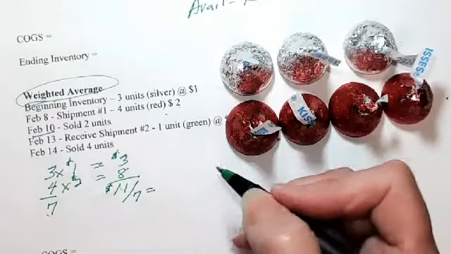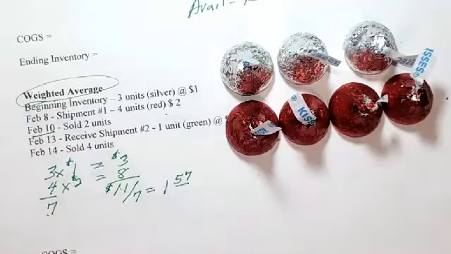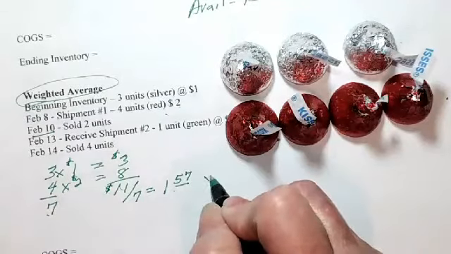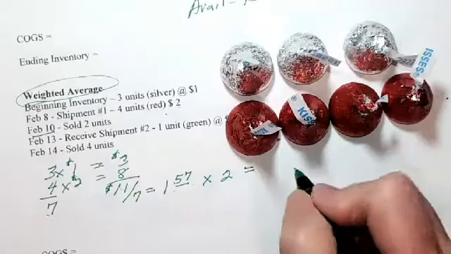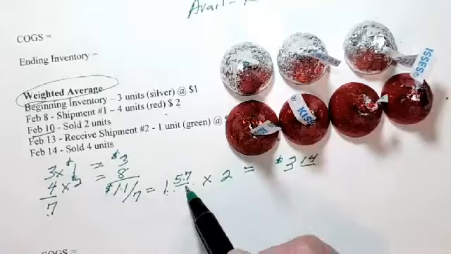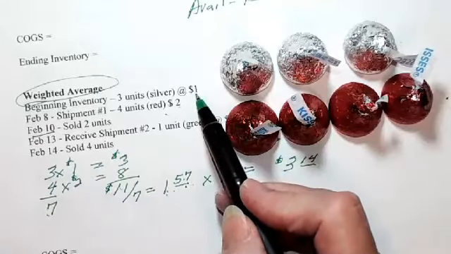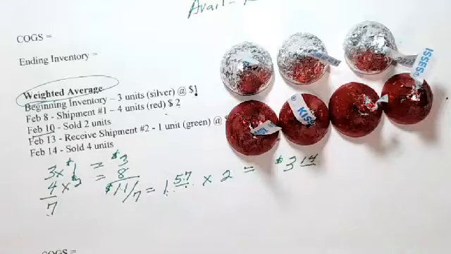So you take the 11 divided by the 7. My cost is $1.57 each. My cost of goods sold, I sold 2 units. That's $3.14. I know this $1.57 has to be somewhere between 1 and 2. If you come up with 50 cents or if you come up with $2.50, you know you're screwed up.